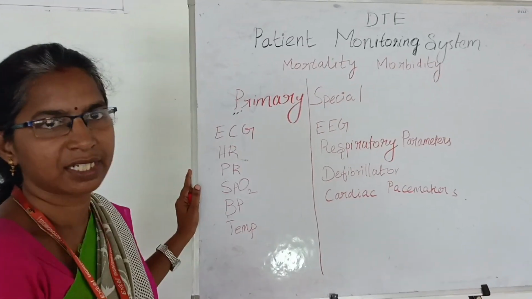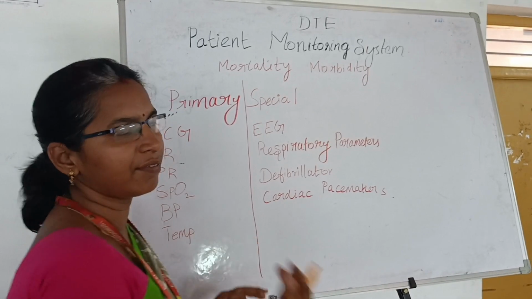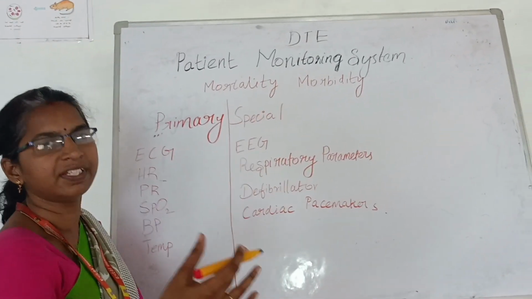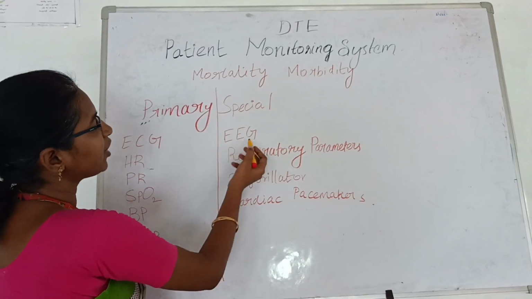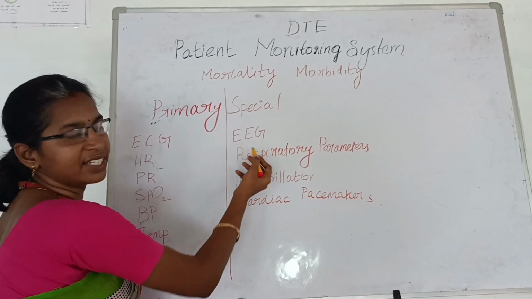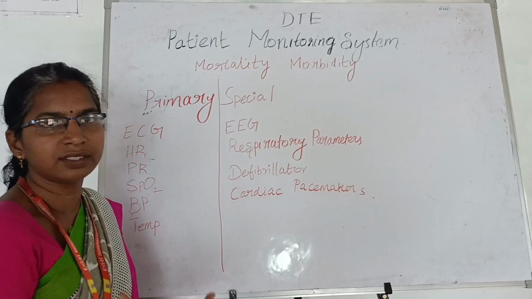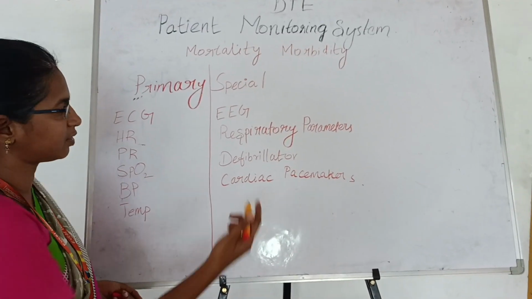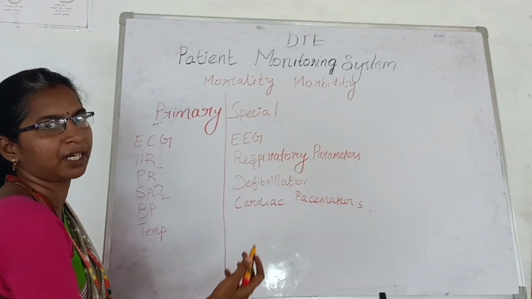And there are some specific cases. If somebody has neurological disorders, if they are in hospital, we need to monitor their EEG levels also. And if somebody has a disease related to their respiratory system, we have to monitor the respiratory parameters.